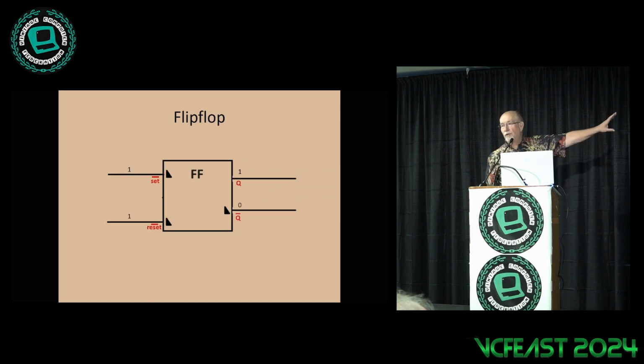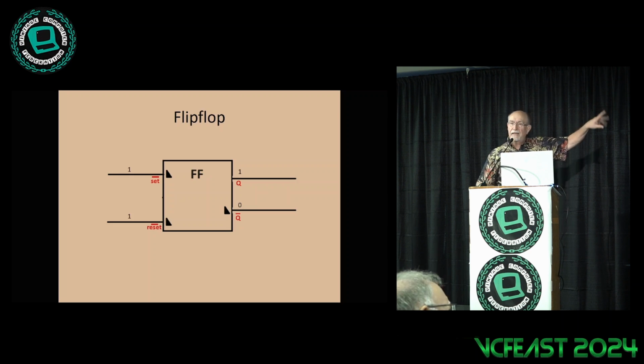Now you have Q, the positive output, plus an inverted output. So what happens if you send a second set pulse and it's already set? Well, on a well-behaved gate, it would just remain set. Not an IBM flip-flop. You get a glitch out of the diagonally opposite output. Or if it's reset, and you do another reset, you get a glitch out of the Q output.